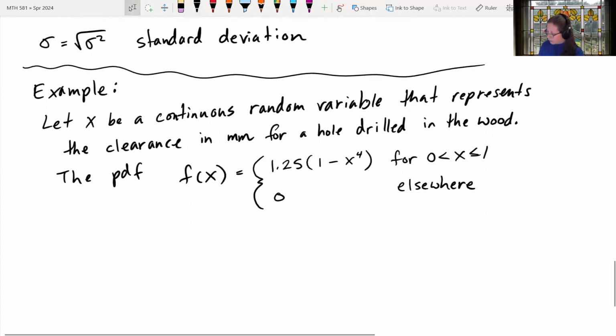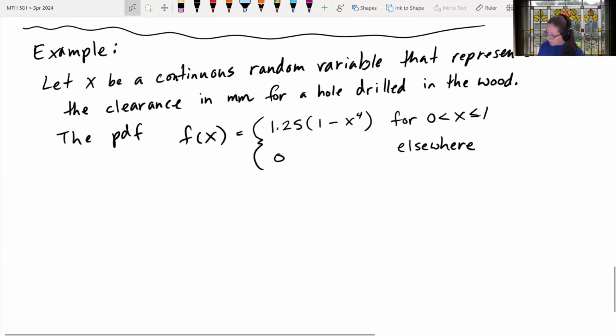And we'll ask a couple of different questions off this example. So for part A, let's just start with finding a simple probability.